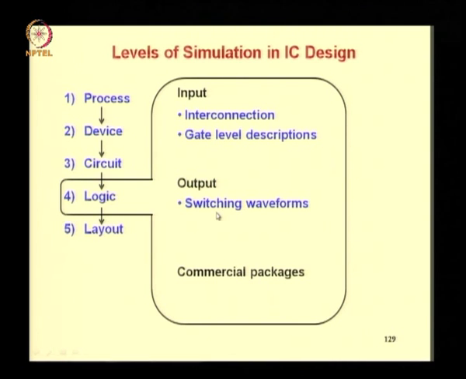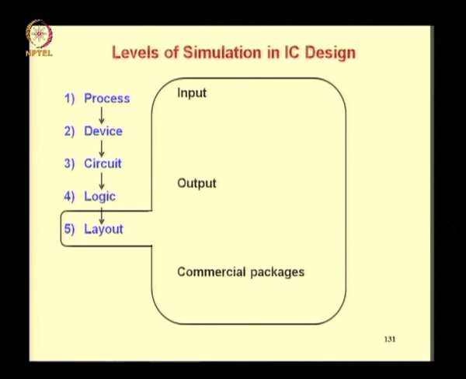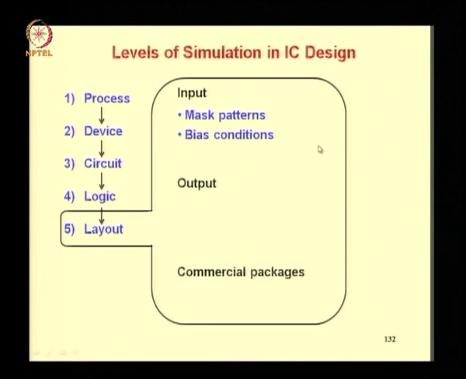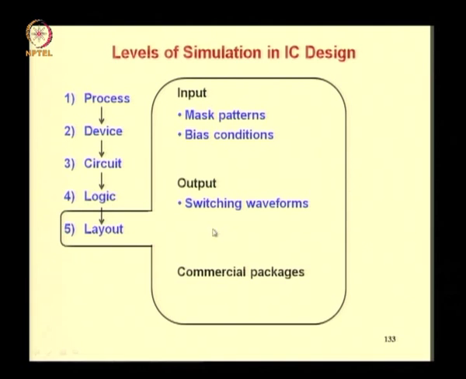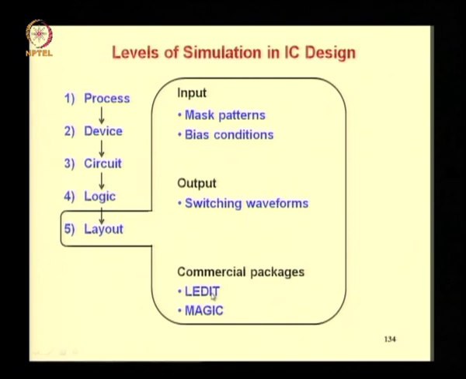The output you get out of logic simulation is switching waveforms. Among commercial packages, an example is VHDL. Layout simulation. The input is mask patterns and bias conditions. You get switching waveforms as the output. Examples of commercial packages are LEdit and Magic.